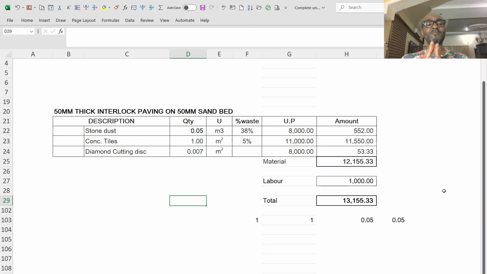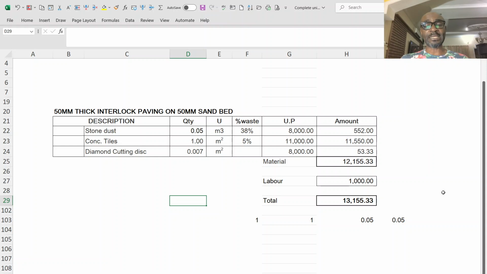Sometimes the bill will say you should use a fine river sand, or the bill could specify that you should use a stone dust, a granulated quarry dust. So in this case, we are using stone dust.